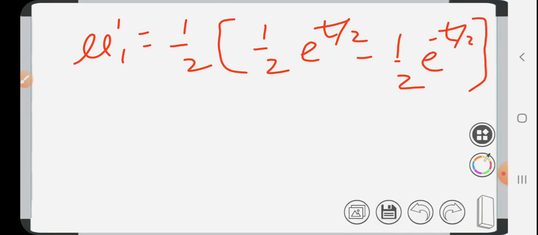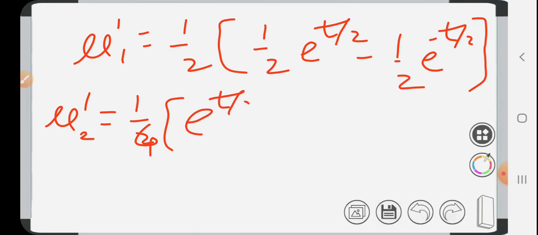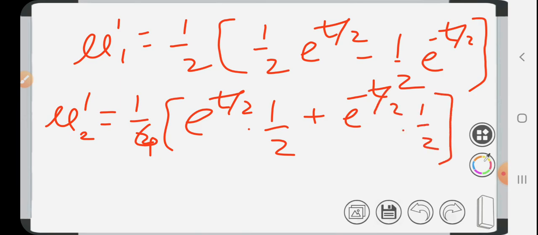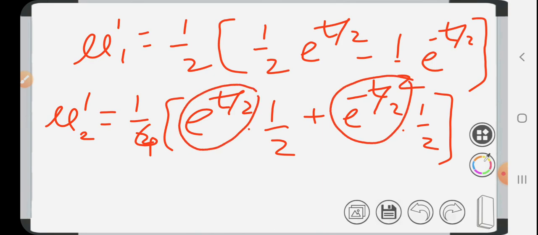Differentiating again, mu2 dash is equal to 1 by 2; taking this 1 by 2 outside, it becomes 1 by 4. Now e raised to t by 2 into 1 by 2, and minus minus becomes plus, e raised to minus t by 2 into 1 by 2. Now put t equal to 0. This term is 1, and this term is also 1, since e to the power 0 is 1. What remains is 1 by 2 plus 1 by 2, which is 1. So our answer is 1 by 4 into 1, that is 1 by 4.